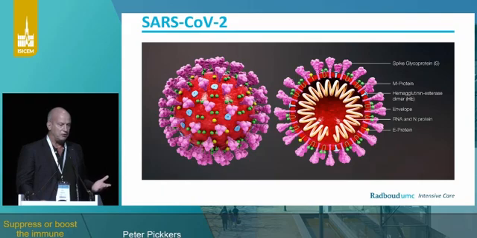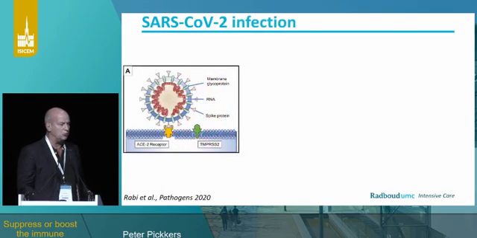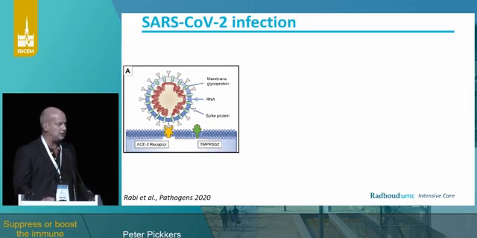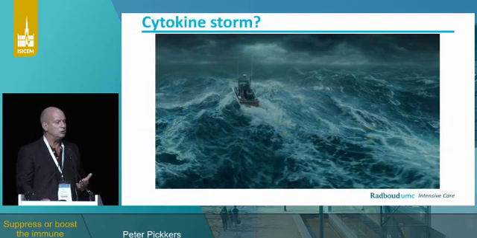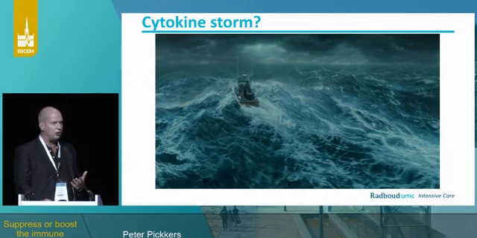So we learned a lot about the virus itself, the importance of the spike protein and how it connects to the cells, and that the ACE receptor is relevant for the virus to enter the cells. And we also learned a lot about the host response. The initial thought was that there is a cytokine storm.